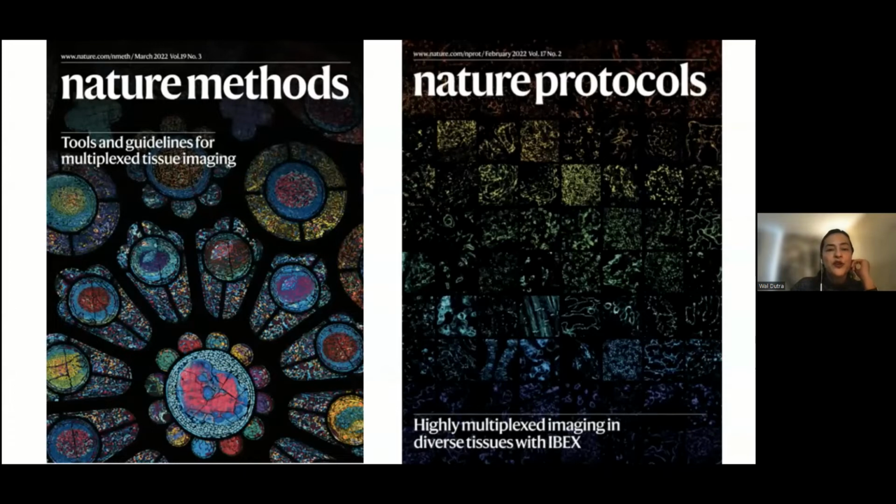We had seen other papers that used similar methodologies, but not quite as straightforward as this one. So we came across these two methodology papers that are shown here to you. One came out in a cover of Nature Methods and one in a cover of Nature Protocols recently.